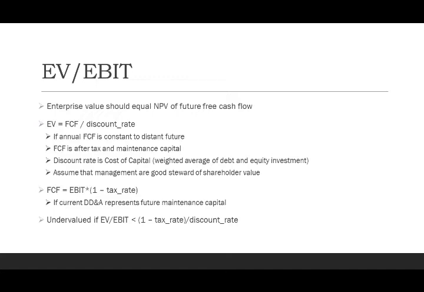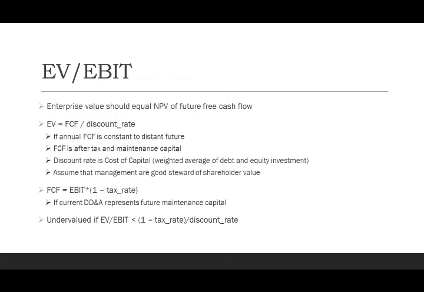Free cash flow is before interest payment, but after subtracting tax and maintenance capital. Discount rate is the cost of capital, which can be calculated by looking at the weighted average of debt and equity investment. So I'm going to get into that a bit later.